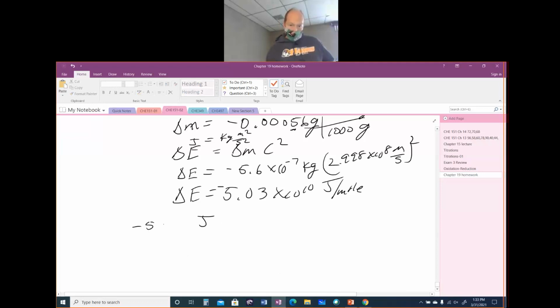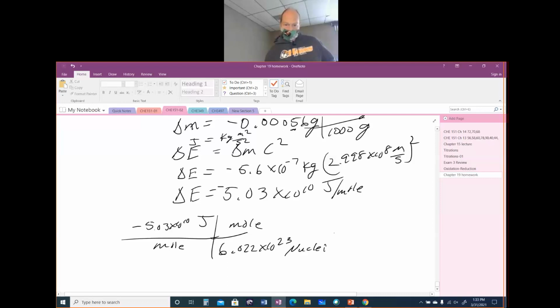negative 5.03 times 10 to the 10th joules per mole. All right. And so then you have 1 mole is 6.022 times 10 to the 23rd nuclei. All right, so that's how you get rid of moles and you get joules per nuclei.